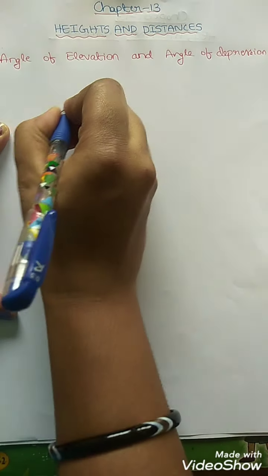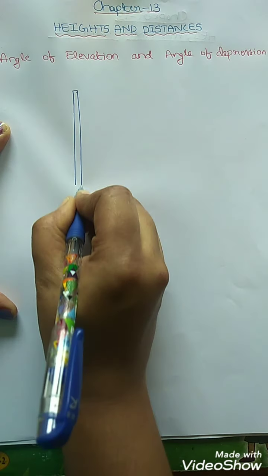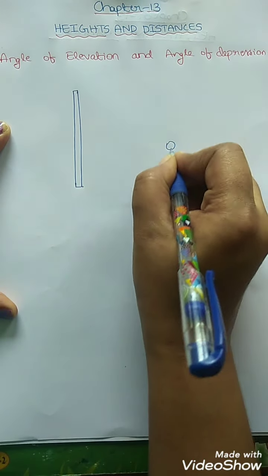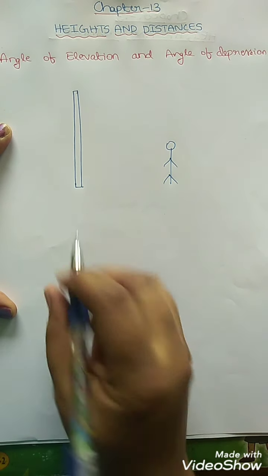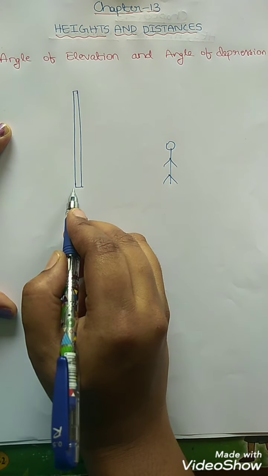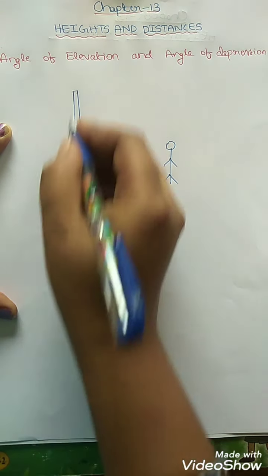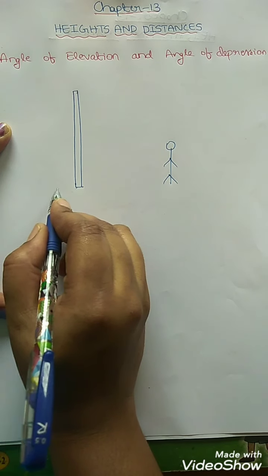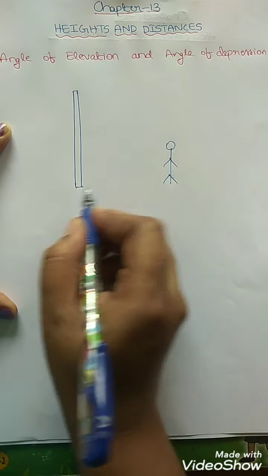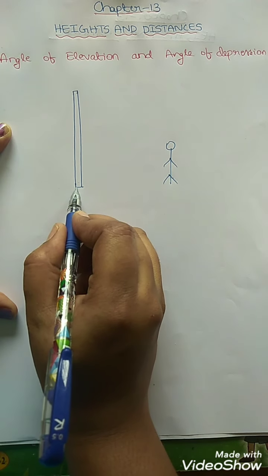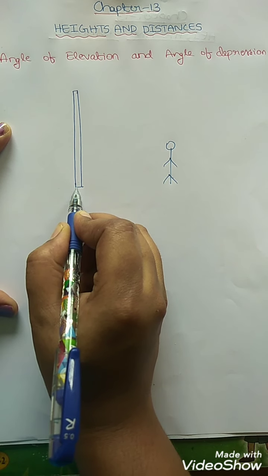Now consider a pole. Suppose this is a pole and a person. Consider a pole which is mounted vertically with its base fixed to the ground, and a person standing at some distance away from the pole, looking straight at it.